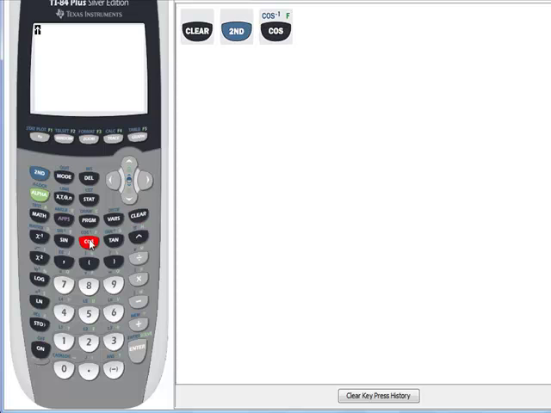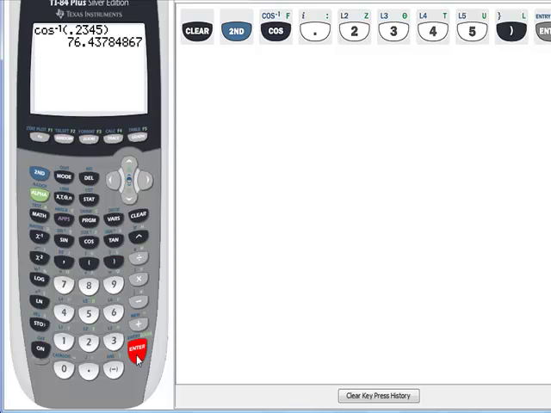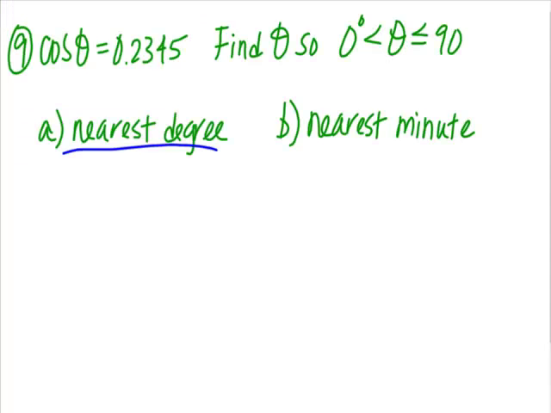So I'm going second cos, and I'm typing in 0.2345, and I'm going to hit enter, and out comes 76.4. This particular part of the problem is asking me to round it to a whole number, so that would be 76 degrees.